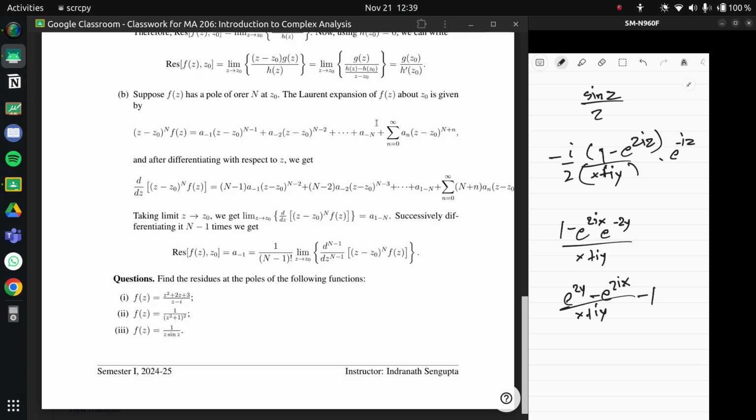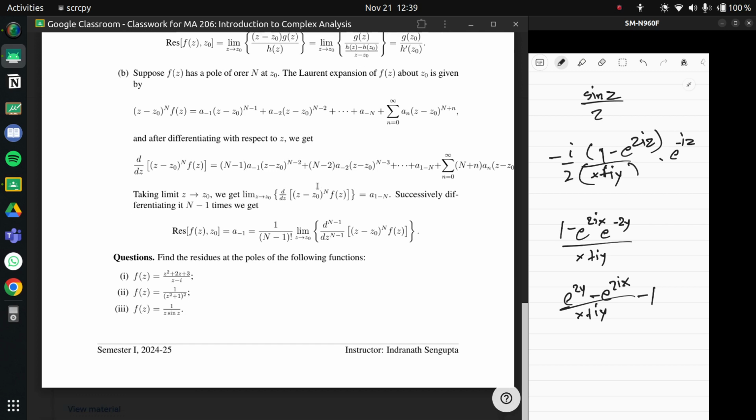How do you even find a residue? This is some stupid thing. 1 by sine z. What the? Do I just assume that this has some sort of a Taylor expansion and just be done with it?